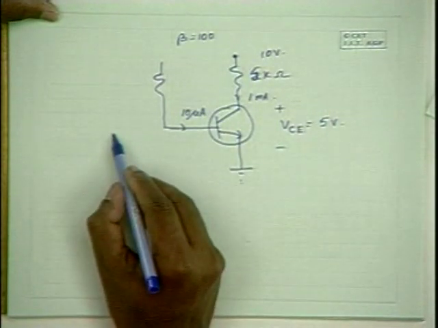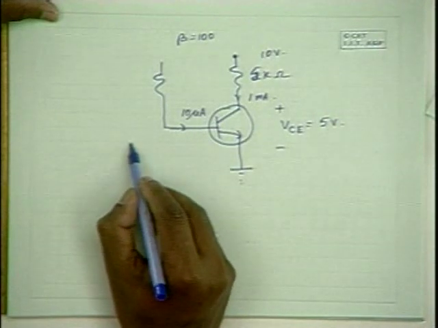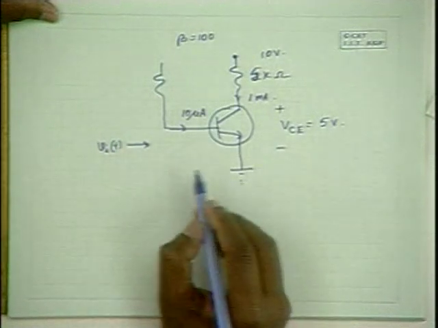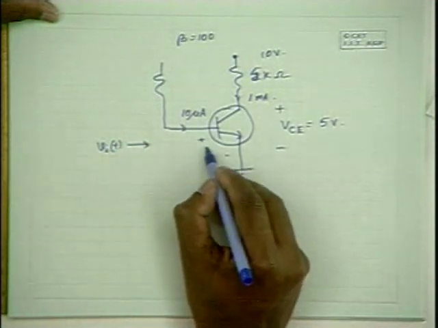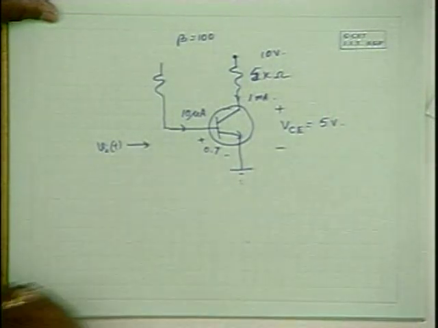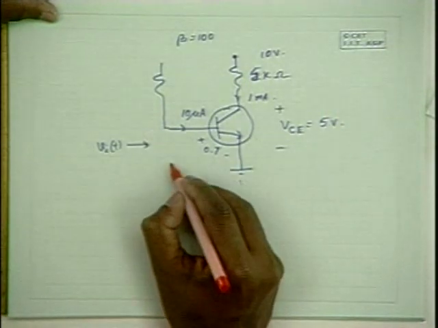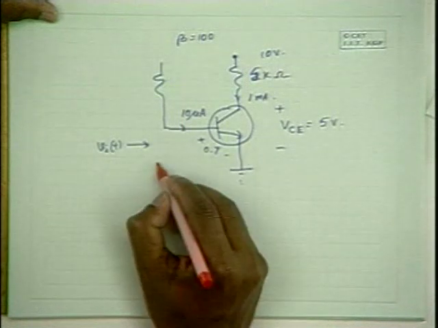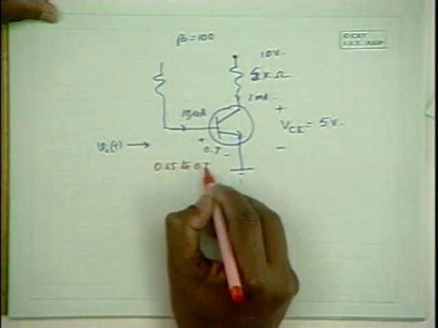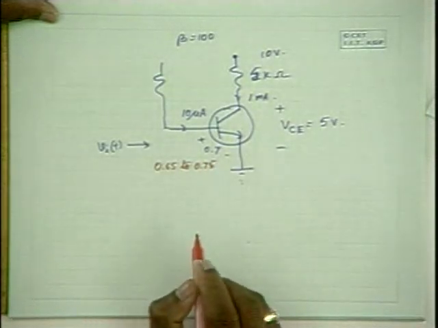Now I introduce an alternating signal here, VIT. Under biasing conditions, this is 0.7. Now with the alternating signal added, the base to emitter voltage will vary between 0.65 to 0.75 volts, let us say.